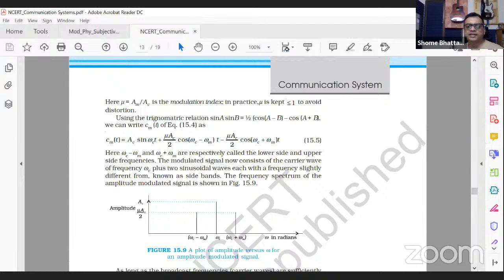So when you expand that term using trigonometry, you see that the transmitted wave, which is the modified carrier wave, has the original carrier wave frequency, and it has a lower sideband and an upper sideband. So along with the carrier frequency, it has the upper sideband and the lower sideband.